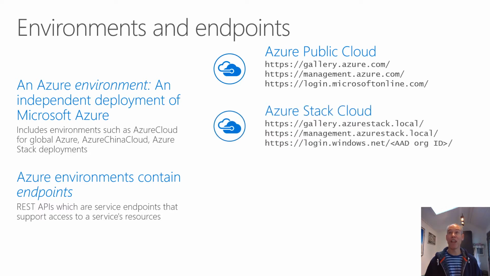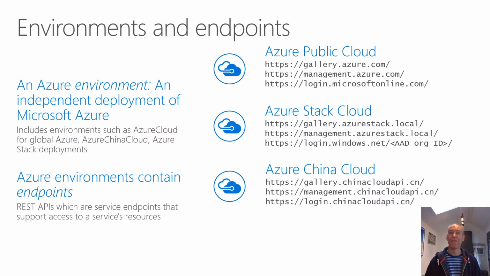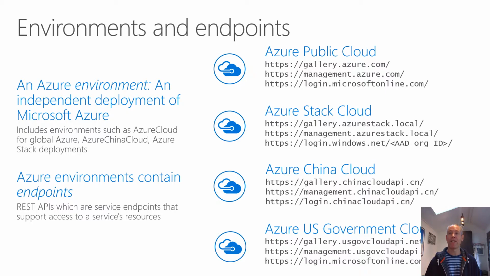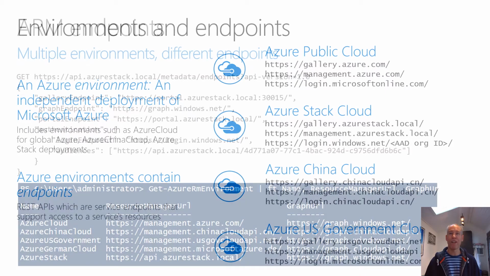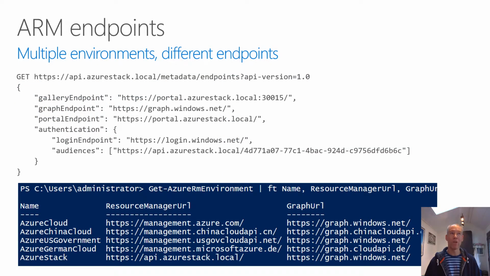In your Azure Stack, you'll have a different URL that you'll be connecting to. And as another example, there are other clouds available, like the China cloud or some of the sovereign clouds around the place. So again, you'll be connecting to multiple environments. Here's an example of a section of an ARM template that references multiple endpoints.